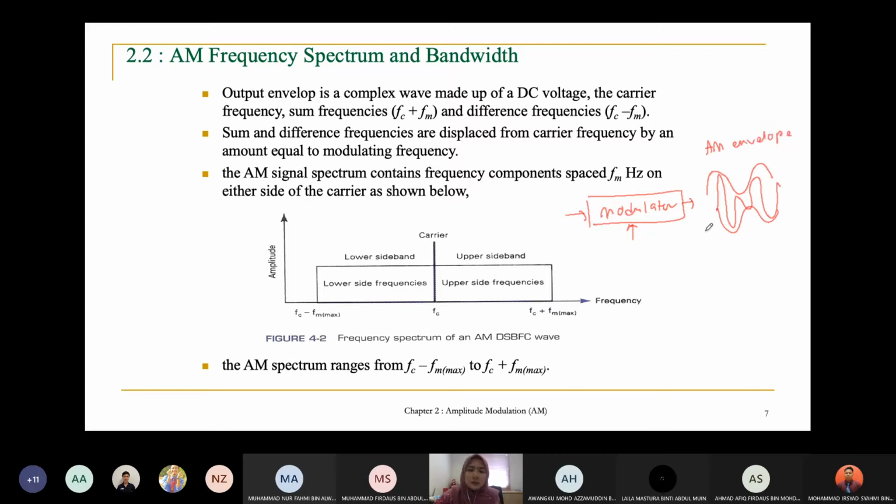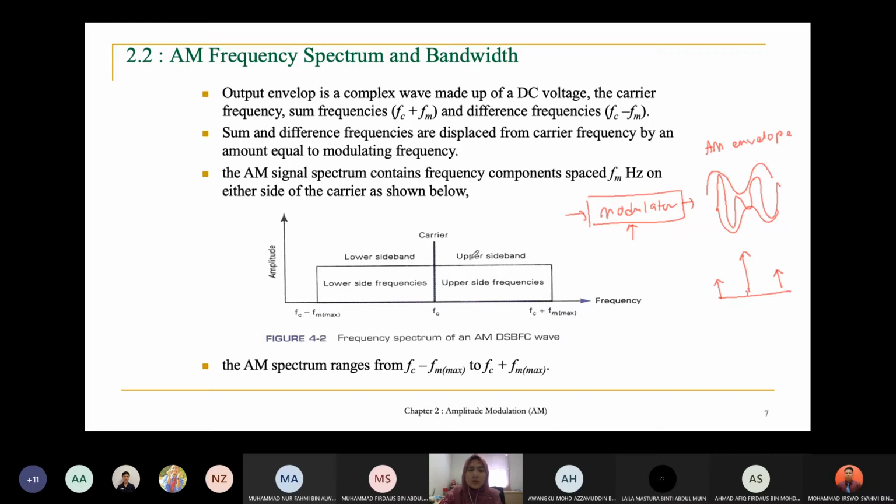Okay. However, at the output, we can also get the signal in terms of frequency spectrum. So other than the AM envelope, we can also get the output frequency spectrum. You will get something like this. This is an example of the frequency spectrum. Usually we draw it like this.